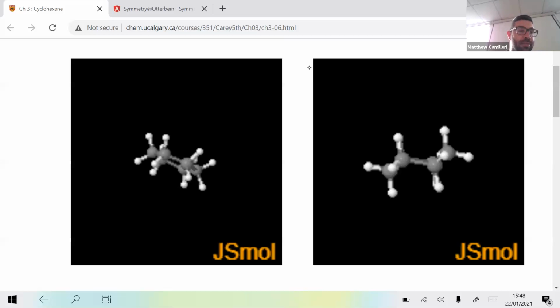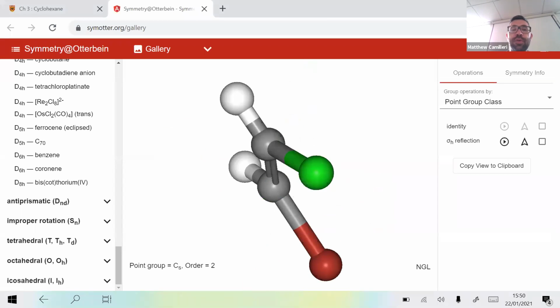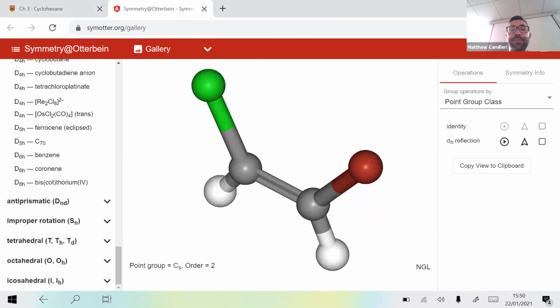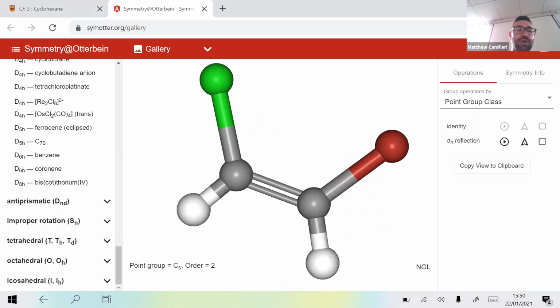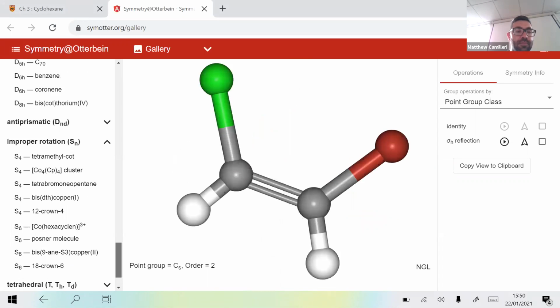Now, someone sent me a point group symmetry. These are mostly more important for inorganic. Not sure if you've done them or not yet.